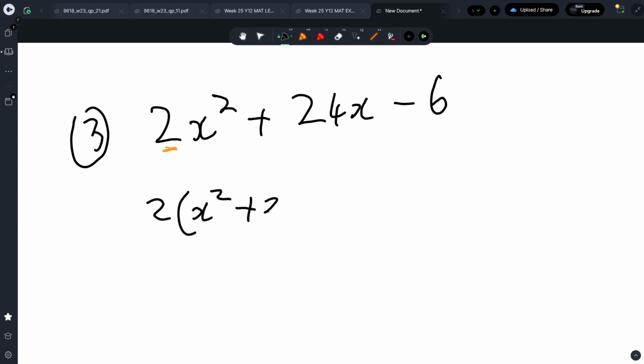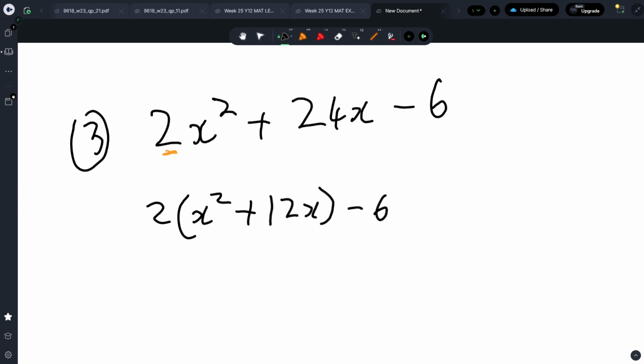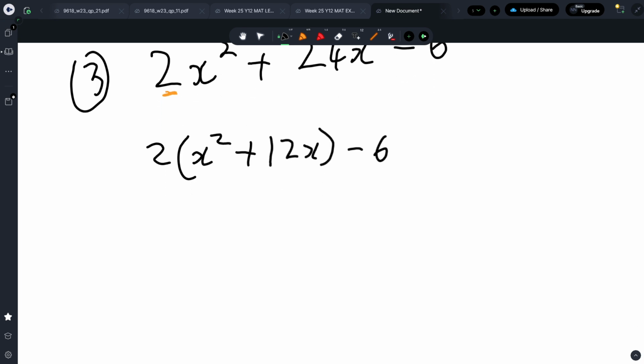Well, that would be 12. So 12x minus 6. And now you just want to complete the square as normal, just complete the square in this here.